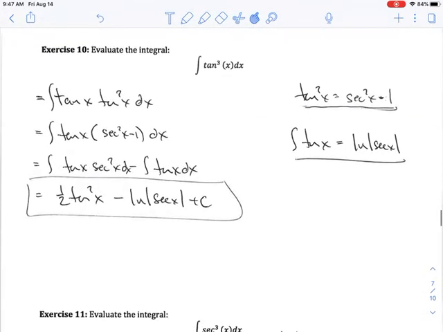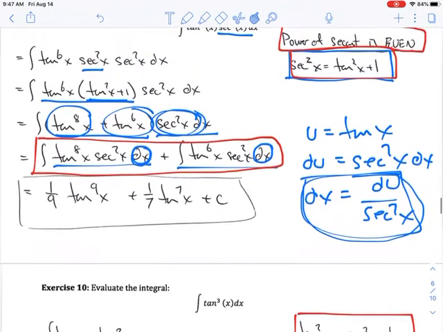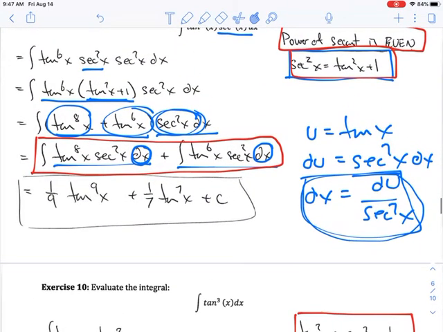The next one, we have a tangent to the odd power, but there's no secants involved with it. So what do we do here? Well, let's go back to our Pythagorean identity. Tangent squared is equal to secant squared minus 1. Now, in the previous problem, we had secant squared is tangent squared plus 1.